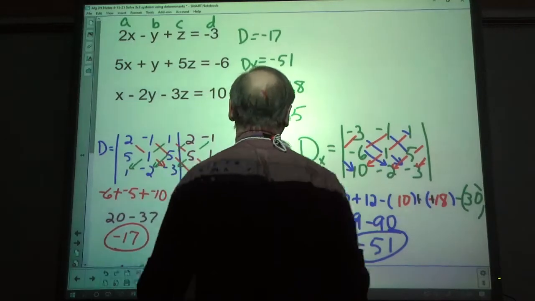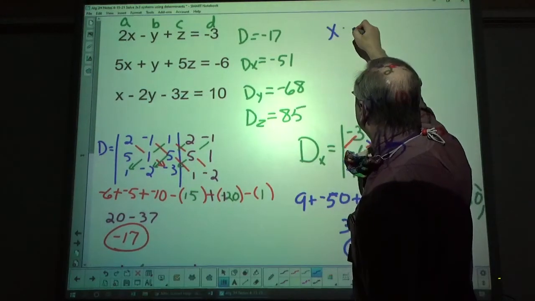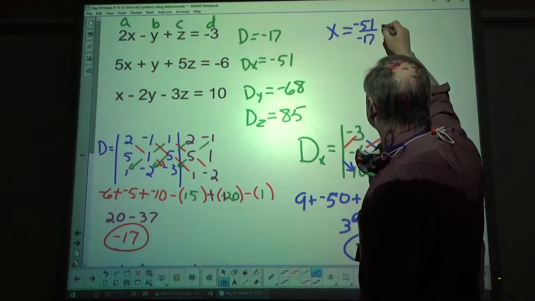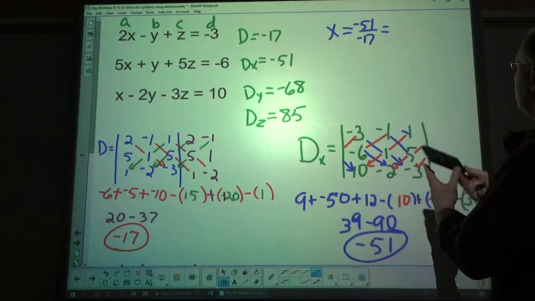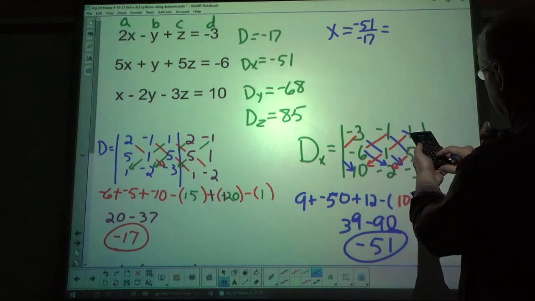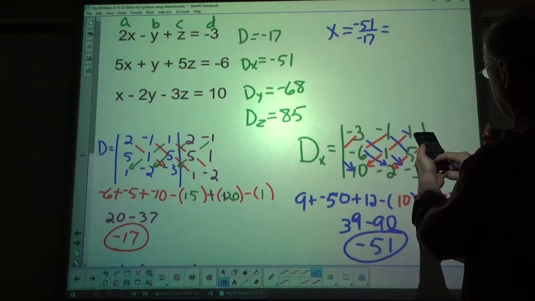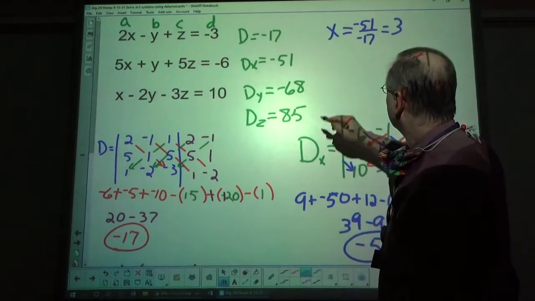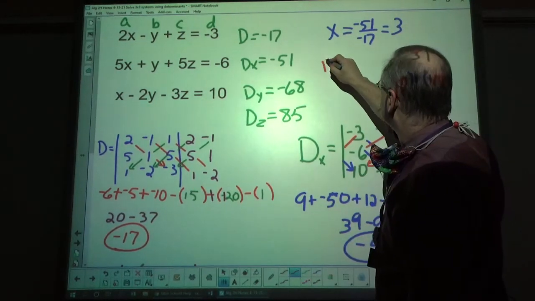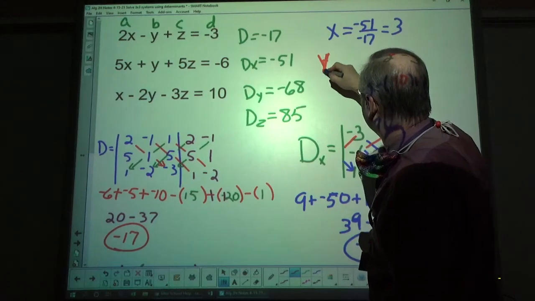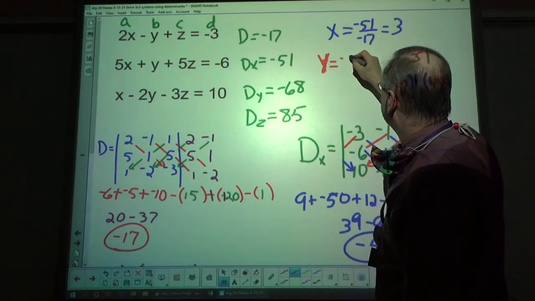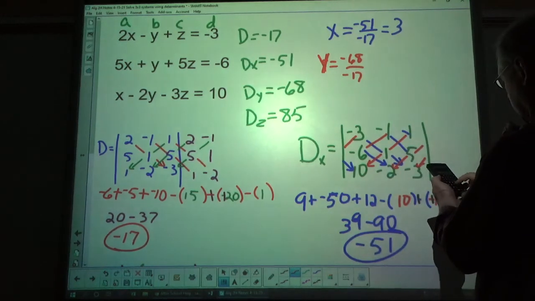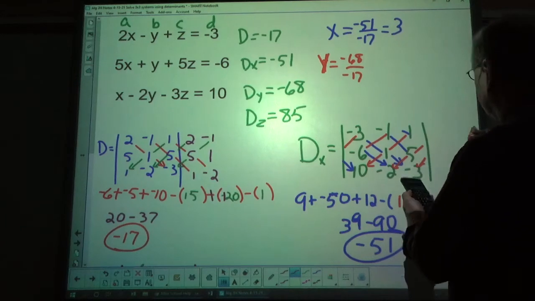What are our values? The x value is D sub x over D. What's that, 3? Negative 51 divided by negative 17 is 3. Y is D sub y, negative 68 over negative 17. 4.